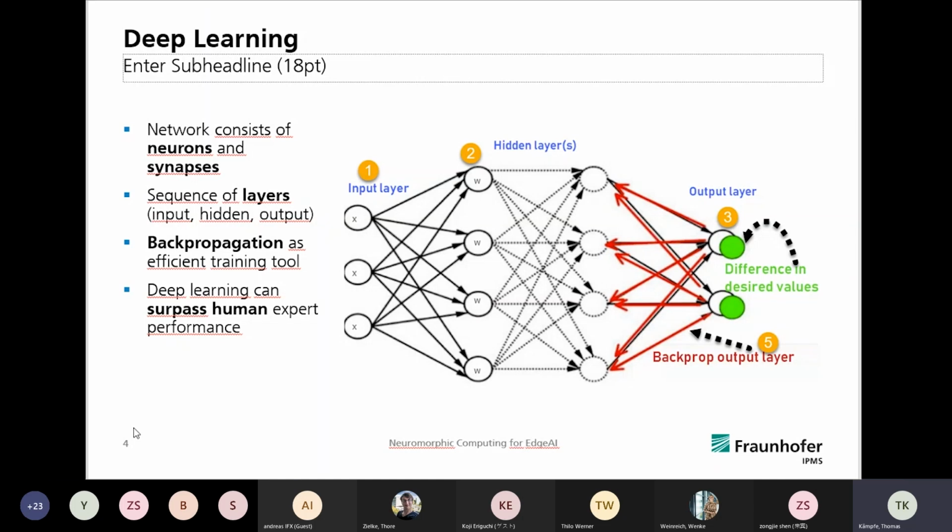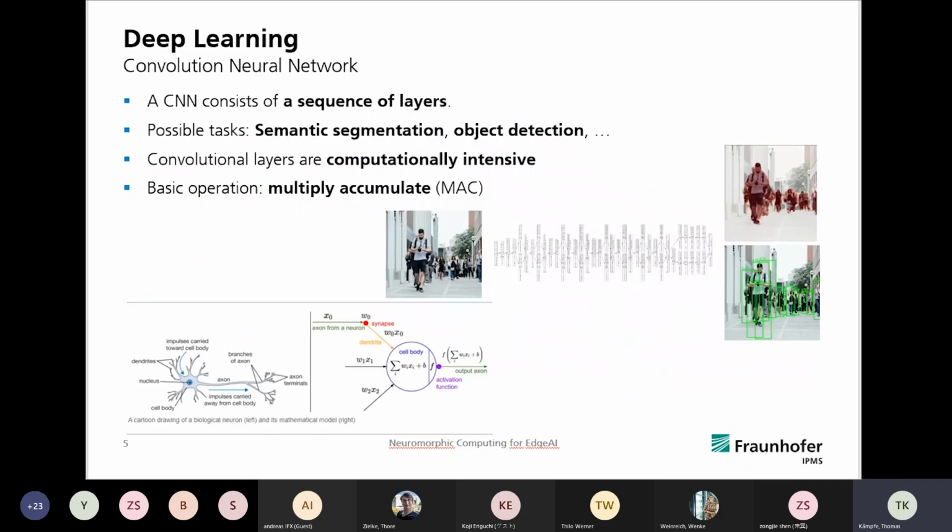Only by then did backpropagation become accessible as an efficient training tool, and deep learning was able to surpass human expert performance. So we saw in the last decade the revolution of deep learning applications.